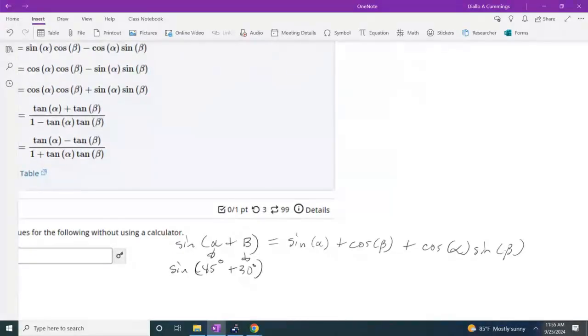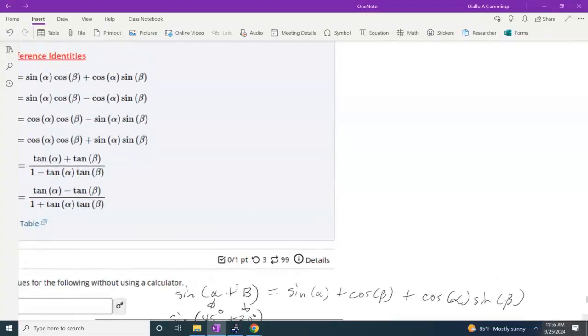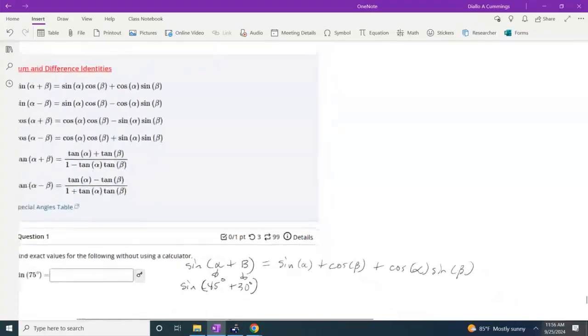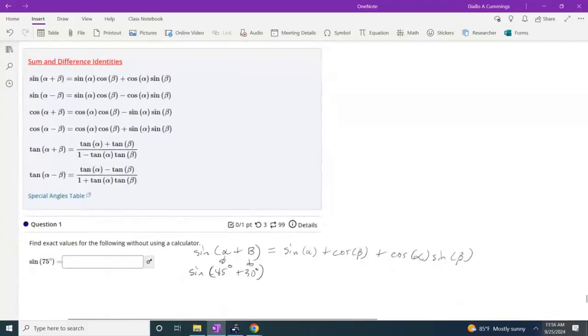Everybody see what I did? I rewrote 75 as 45 plus 30, and this alludes to a sum of sine formula. So then right above the problem, I just wrote the sum of sine formula. Now the only thing I'm going to do is in this formula, replace alpha with 45 degrees and beta with 30 degrees and simplify.